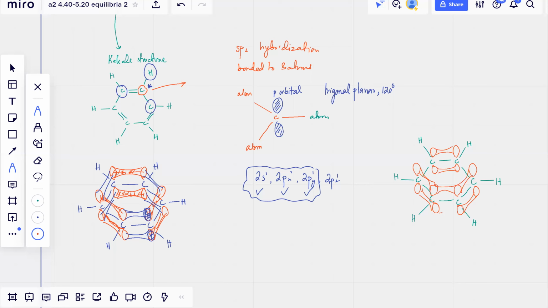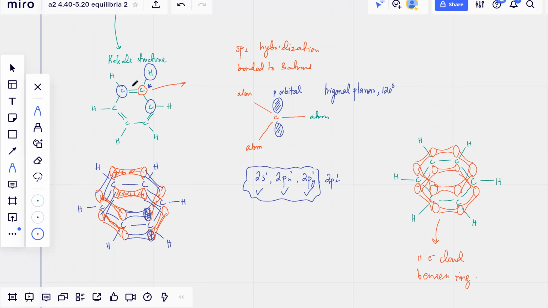So the whole pi electron cloud, the double bonds, kind of get mixed up. And there's an electron cloud above and below each carbon atom, right? So the double bonds get delocalized. The pi electron cloud gets delocalized. That's known as a pi electron cloud, obviously. Or you can call it a benzene ring.